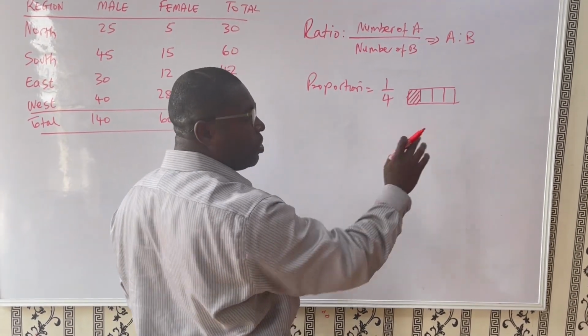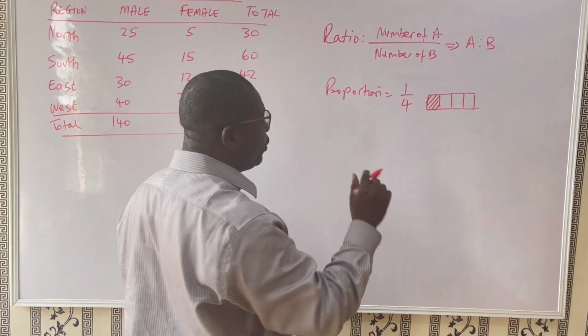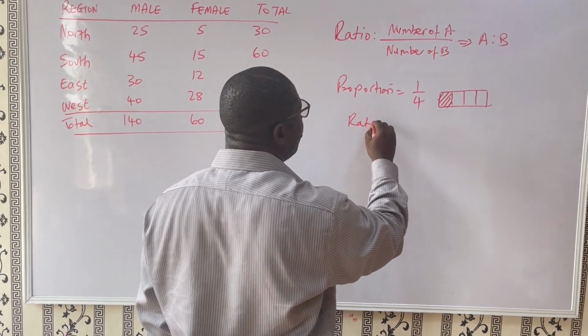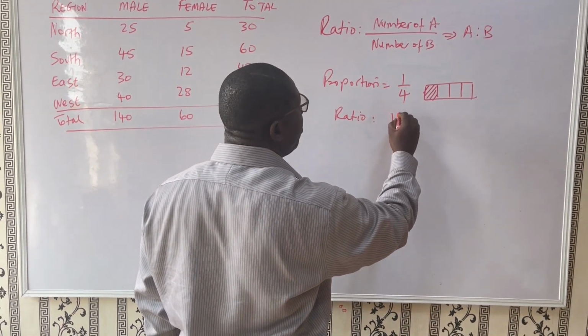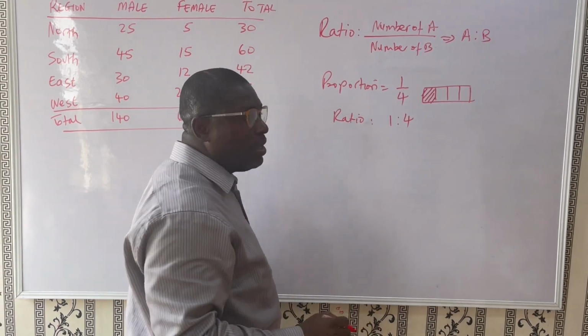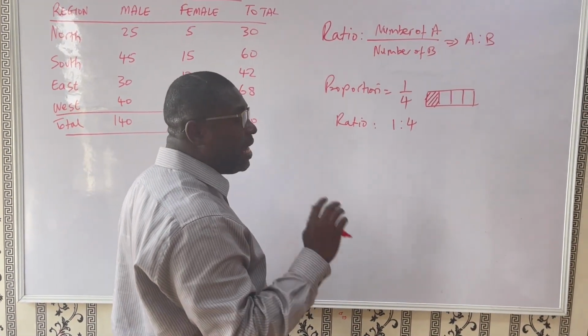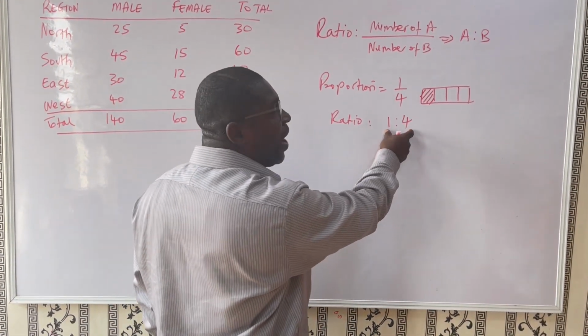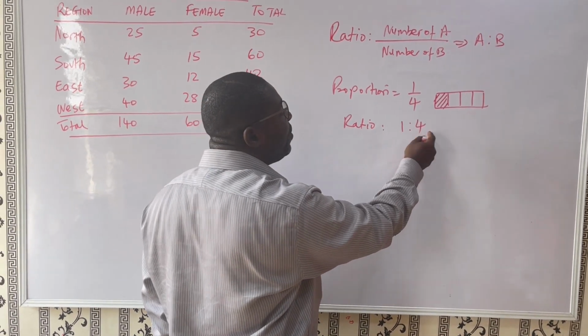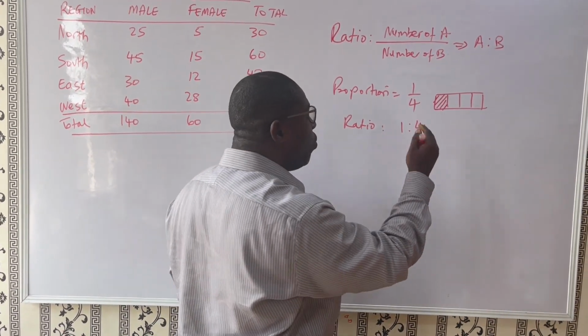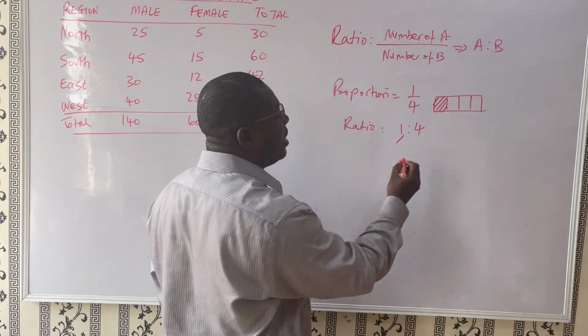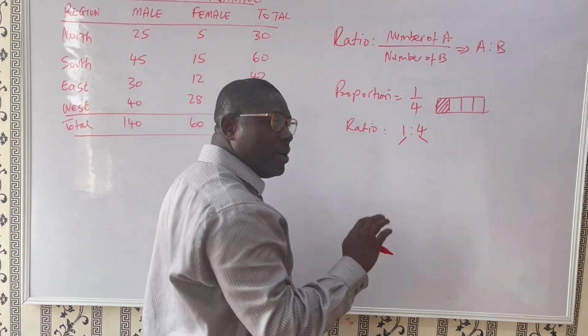This is proportion. But in ratio, when you say 1:4, the interpretation is that for every 5 elements, 1 is this and 4 is the other.